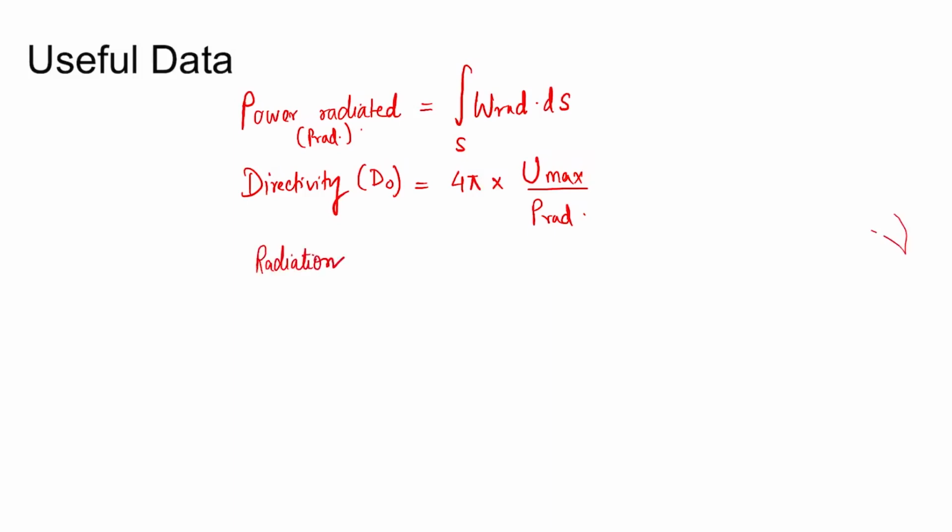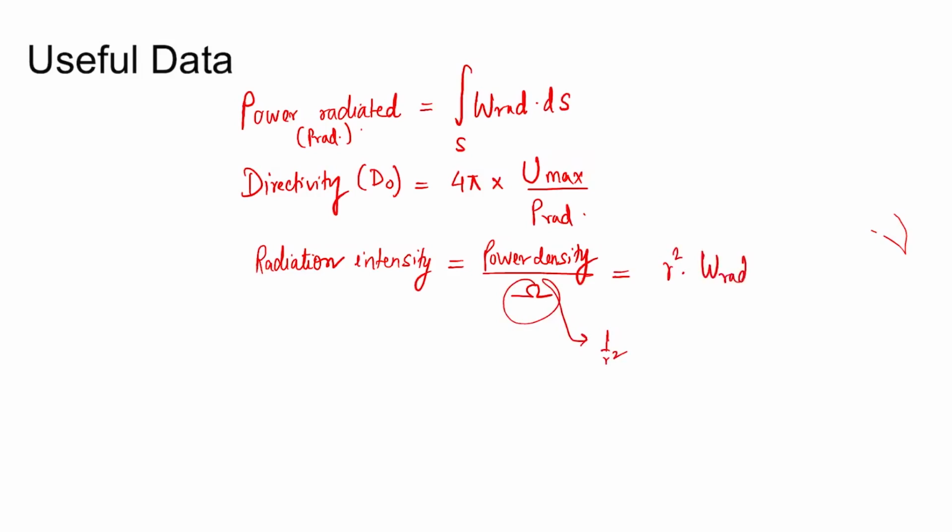Radiation intensity can be defined as power density per unit solid angle. That can be written as R square multiplied by the power density, W_rad.